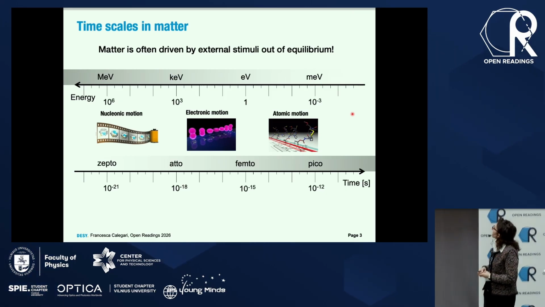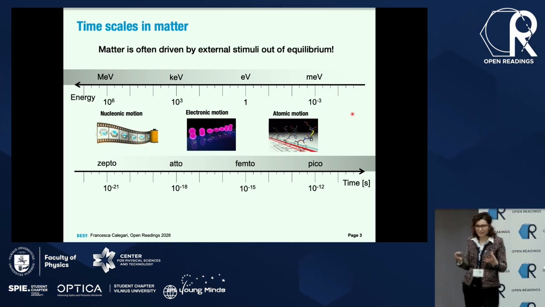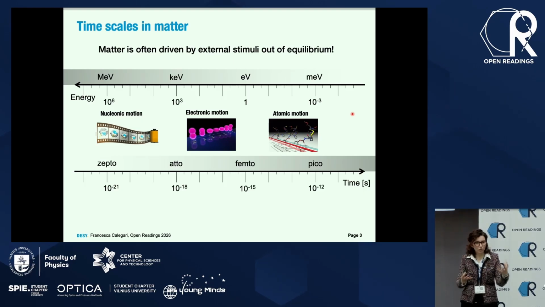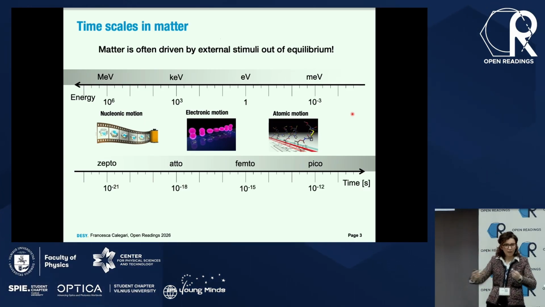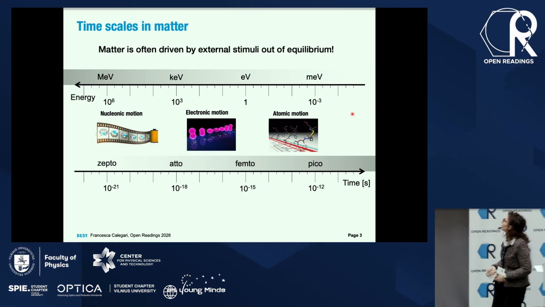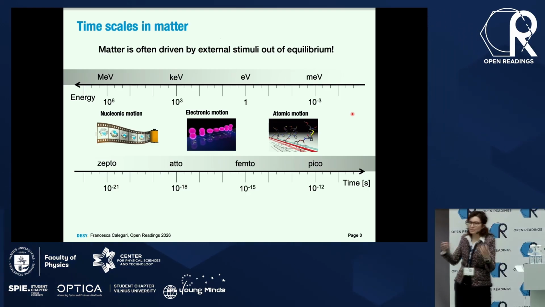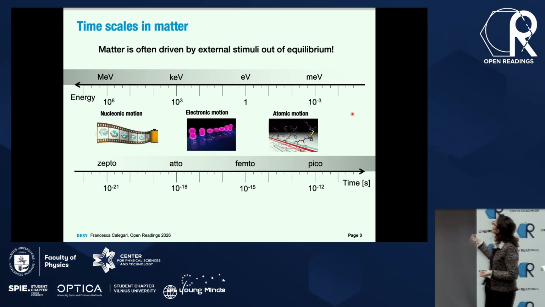Then the dynamics is more of a structural dynamics. This means that the structure of matter can change, and there you have phonons, vibrations. So matter is starting to move a little bit, and this means that the atomic nuclei that compose matter are displaced, so to say. This structural dynamics is happening in this energy scale.